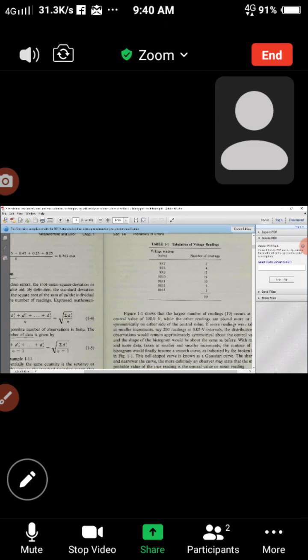So there are total 50 readings, and I am measuring 100 volt voltage.